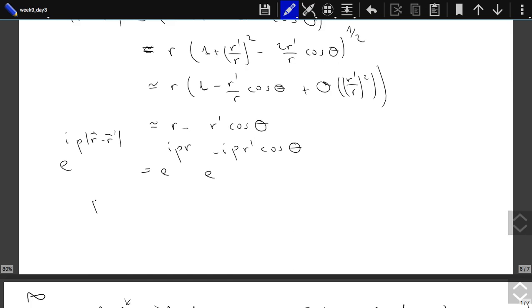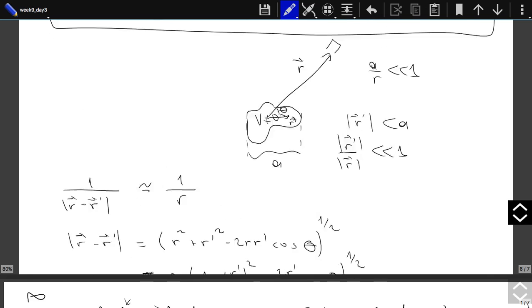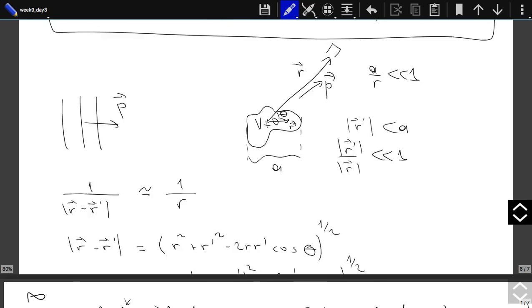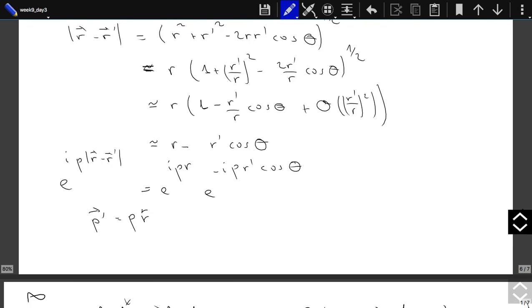So if I define my p prime vector to be p in the r hat direction, so we have our plane wave coming with momentum p. Then it scatters from this source, and I define this p prime vector to be in the direction of my detector. So e to the power i p times r minus r prime is approximately e to the power i p r times e to the power minus i p prime dot r prime.